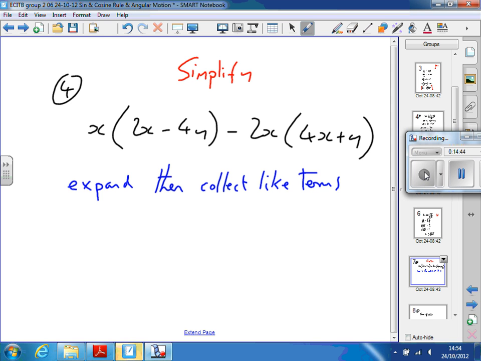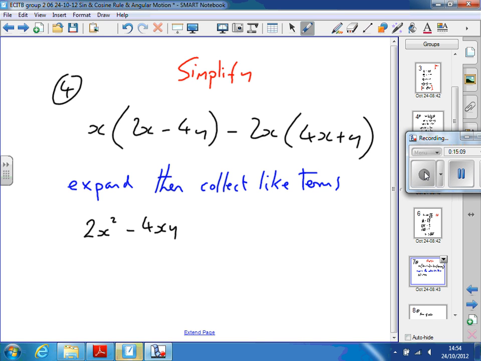So multiplying out the brackets, x times 2x gives 2x squared. 2 times x, 2x squared. Minus 4 times y times x, yep, or 4xy. We tend to write in alphabetical order, but yx is the same, but write it alphabetically.